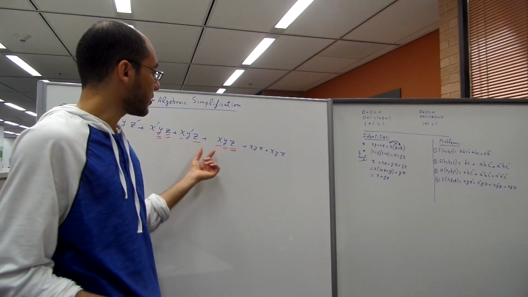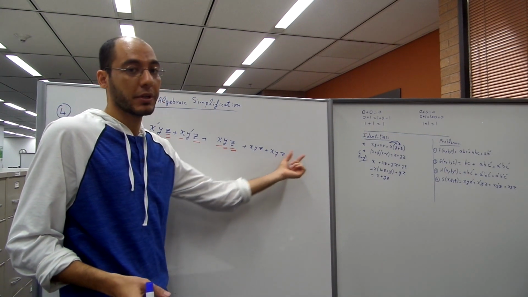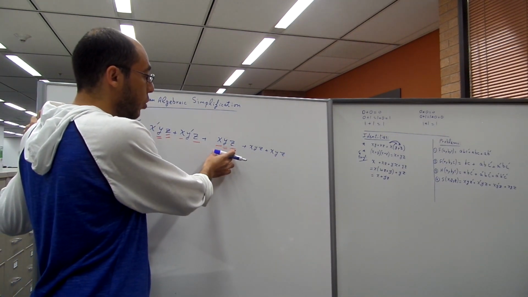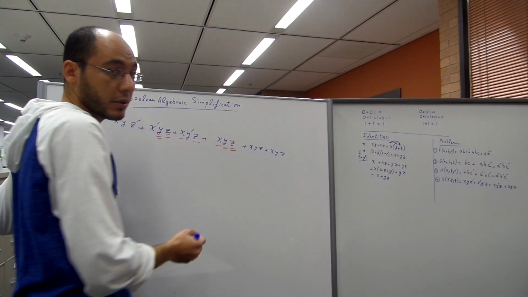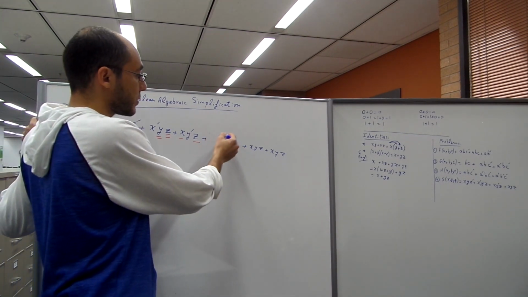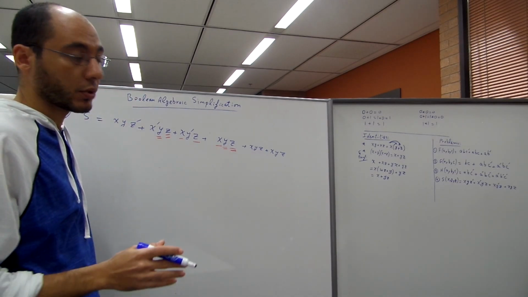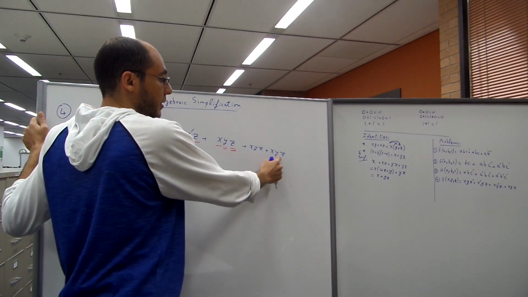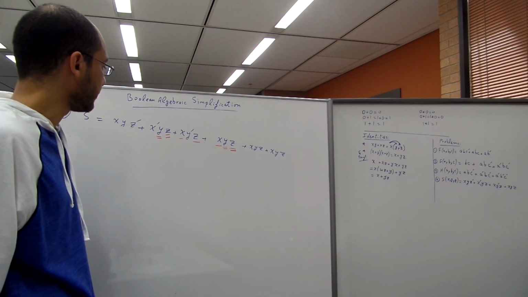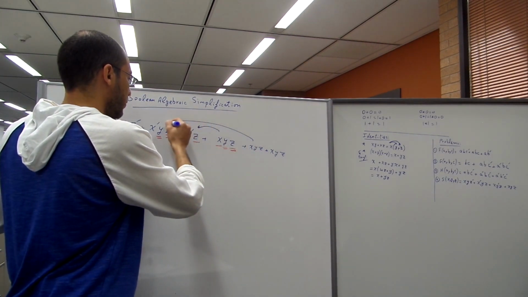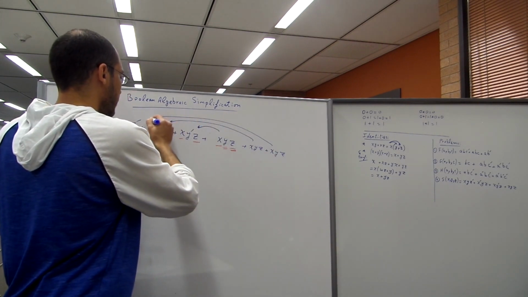It doesn't really matter if you replicate it 2 times, 3 times, 4 times, because by the end of the day, whatever the values of x, y, and z are, x multiplied by y multiplied by z is going to be either a 0 or a 1. So you're allowed to replicate these 2 terms. I'm going to take this with that, this with that, and this with that.